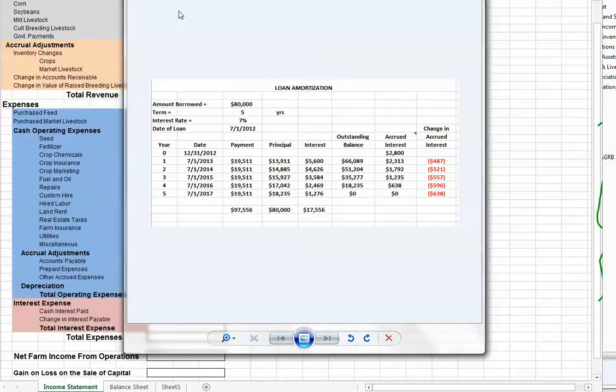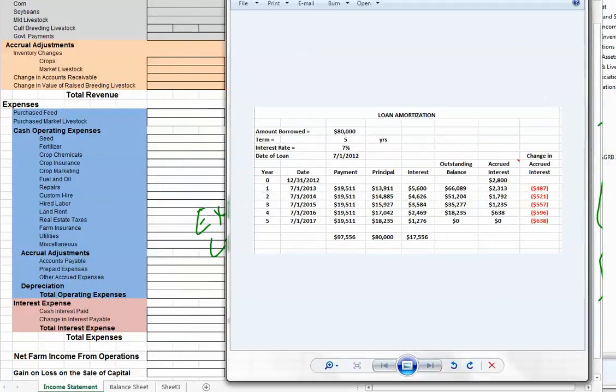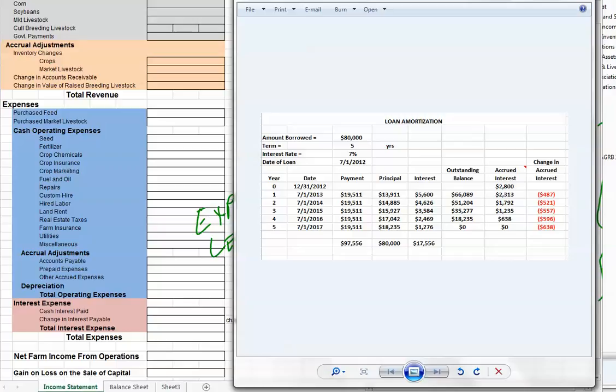Where it says cash interest paid right here, this item, for 2015, there's the cash interest paid right there. That number would simply go to this slot right there. All right. The change in accrued interest, that's that change in accrued interest. That's that 557 right there.